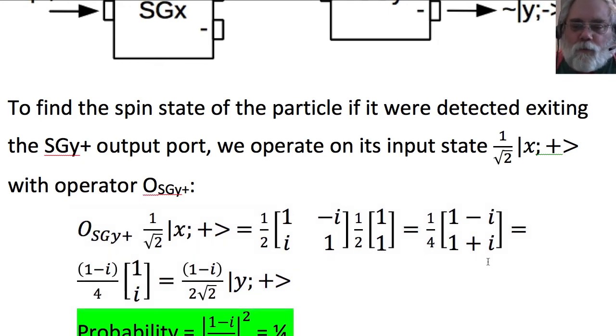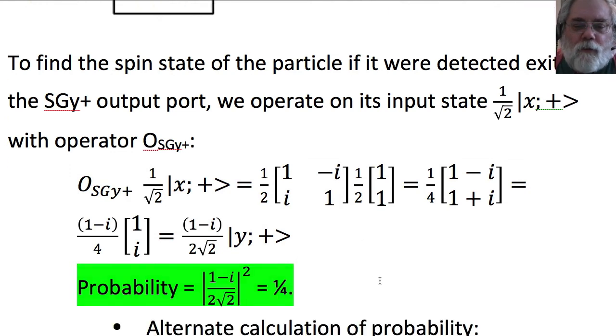This one's a little more complicated because it does have complex numbers in it. We can pull out a factor of 1 minus i from the first component, and then the second component just becomes i. You know, i times 1 is i, times minus i is plus 1, so that works out fine.